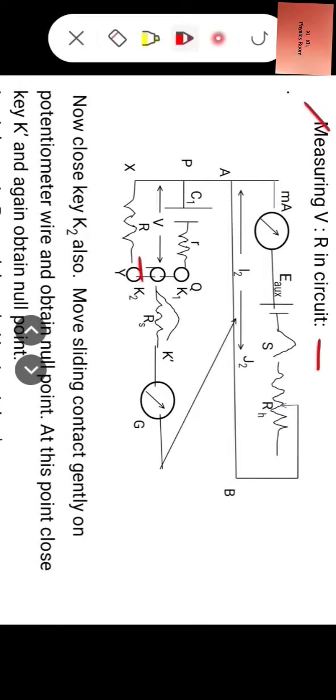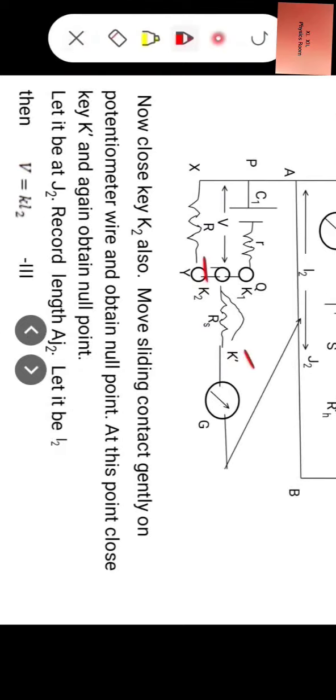At this point, close key K dash and again obtain null point. Let it be at J2. Record length AJ2. Let it be L2. Then, according to principle of potentiometer, V is equal to KL2. Let us mark it as equation 3.